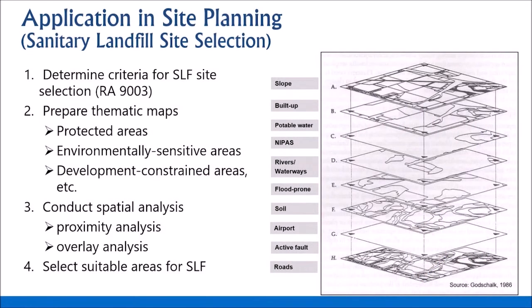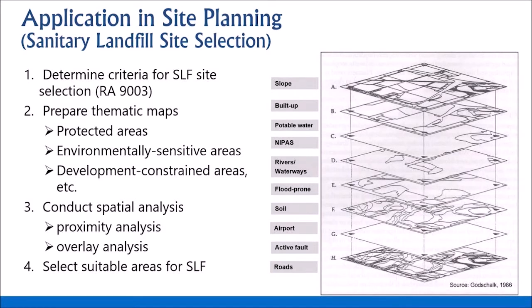Now another application in site planning, this is for a sanitary landfill site selection. So these are the steps. Determine first the criteria for sanitary landfill site selection given by RA 9003.